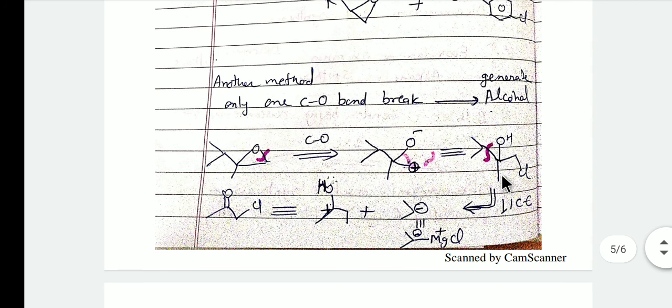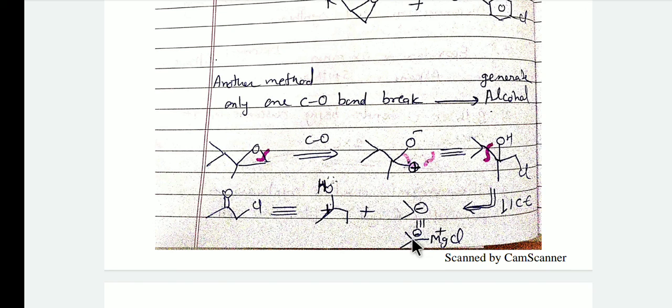On disconnection of this synthetic equivalent, the C-C disconnection takes place between this and this carbon atom, and we get two synthons. It is a negative synthon and here it is the positive synthon. The negative synthon is generated by the Grignard reagent.